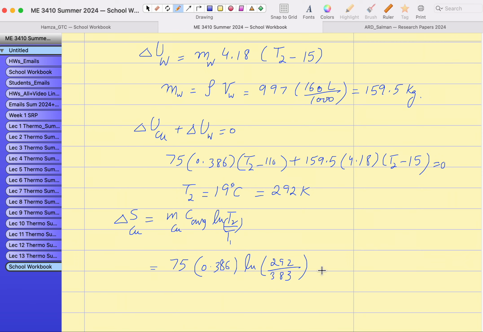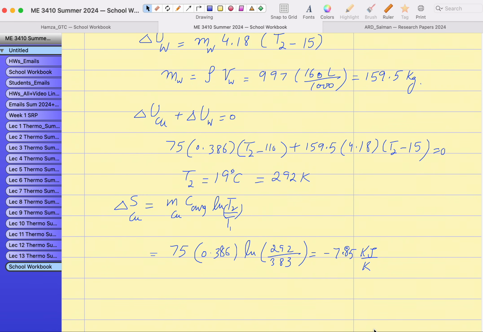Here you will use the Kelvin scale. If you solve this, you will get negative 7.85 kilojoules per Kelvin.